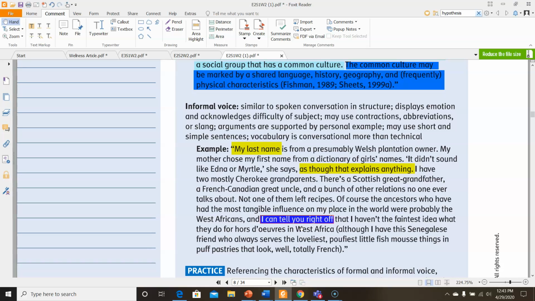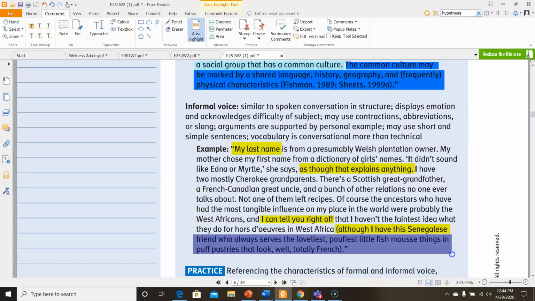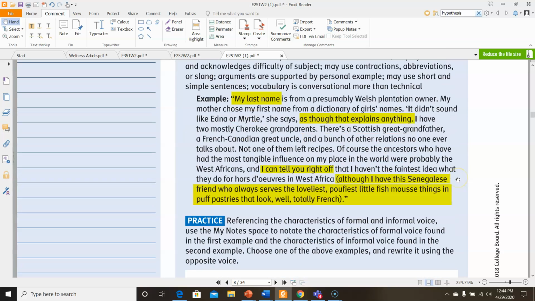And she's giving personal examples. She's talking about her friend who is Senegalese. So here you could tell that the style is informal, whereas the previous one was more formal.